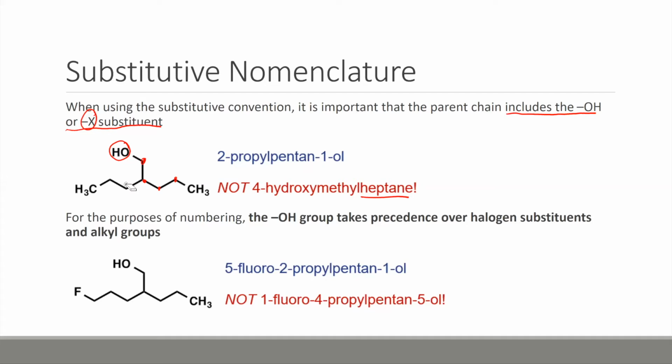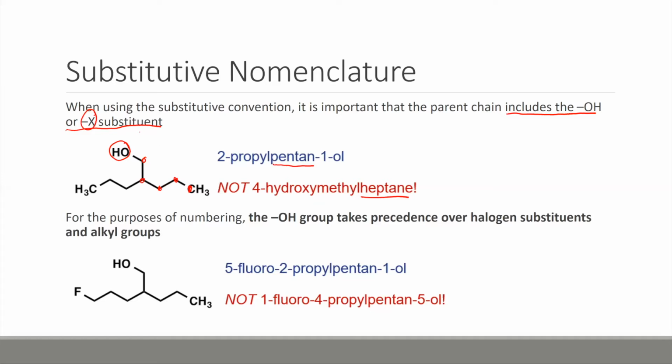I have to go to where the OH is directly connected, meaning I have to use this as my main chain. So the main chain length here would be 1, 2, 3, 4, 5 carbons, meaning it's a pentane.